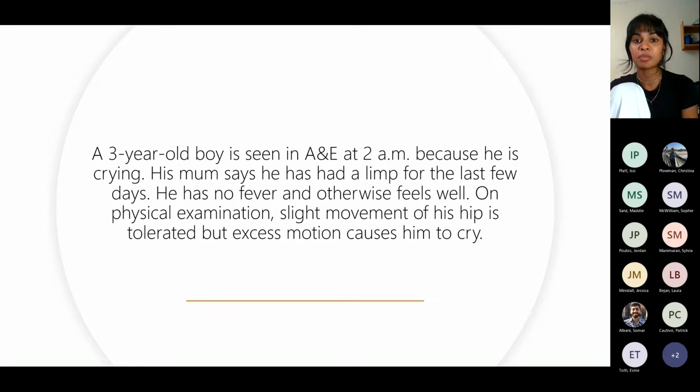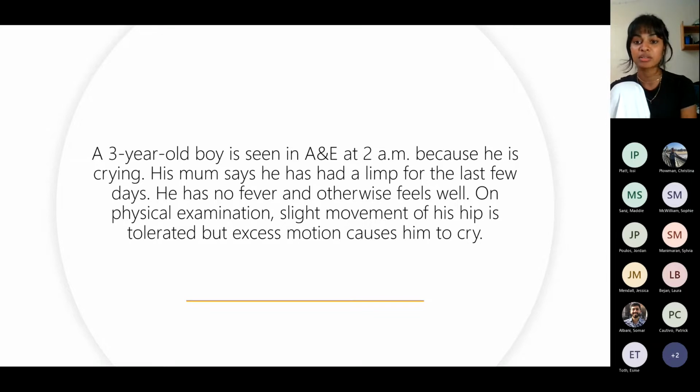And what kind of investigations are you going to want to do on him? Hip exam, x-ray, yeah. And more basic, before we jump to imaging, what are you going to do? So yeah, you do an exam.